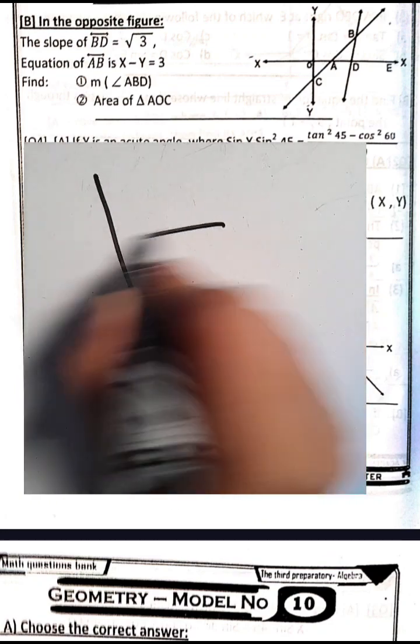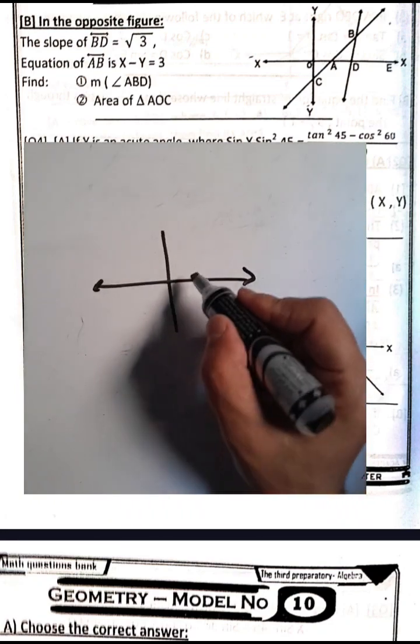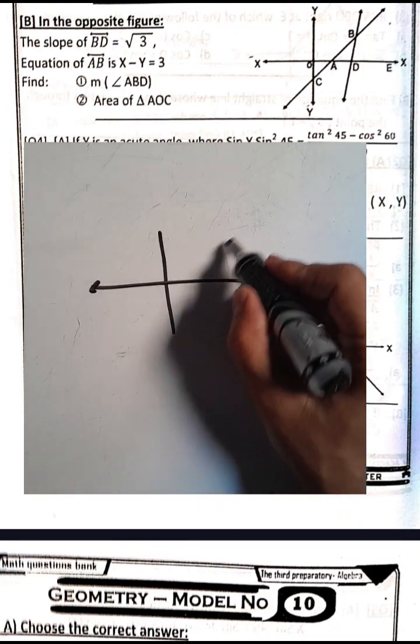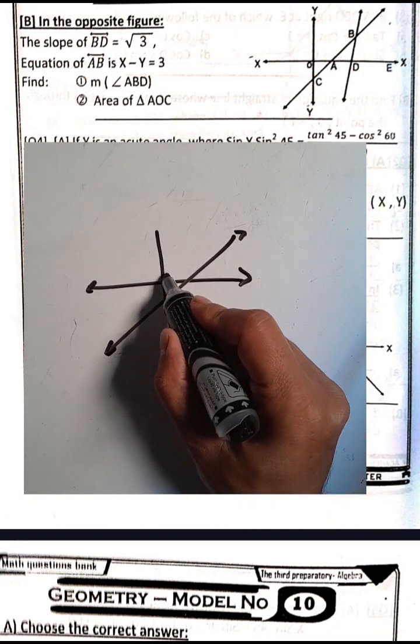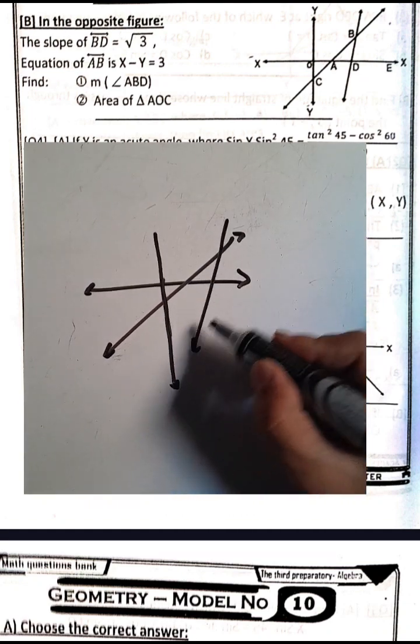Pay attention with me to the steps of this example. Okay, I will draw it again to know the steps exactly. We have a graph here and we have two straight lines, the first straight line and the second straight line here.